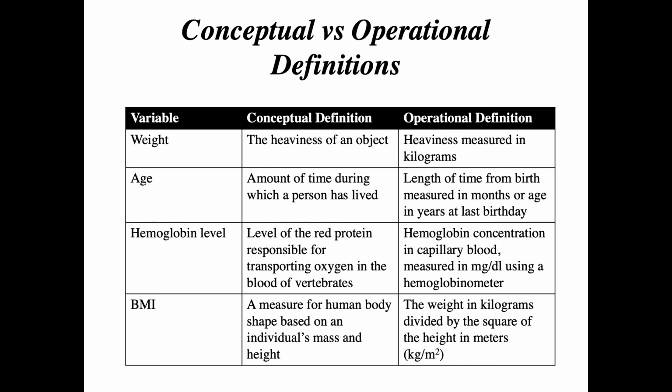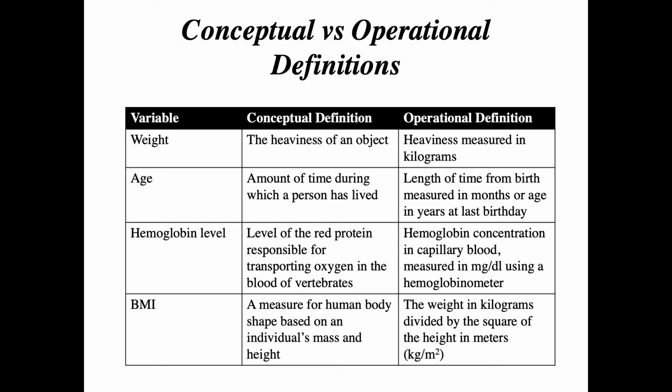Age is now defined as the length of time from birth measured in months, or age in years at last birthday. That would be the age that you would use and record in your source documents for the age of that study participant.